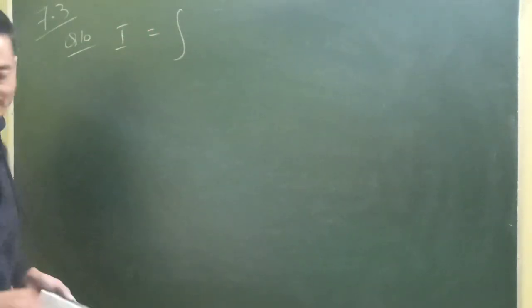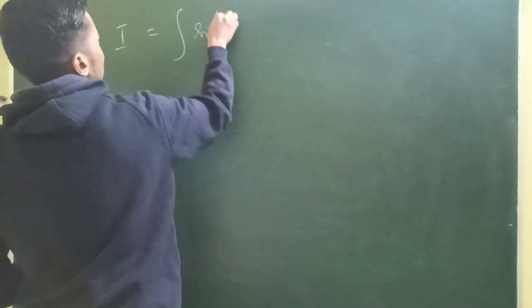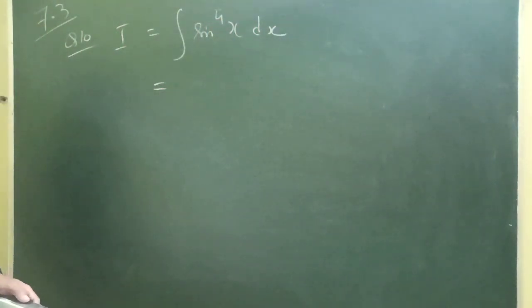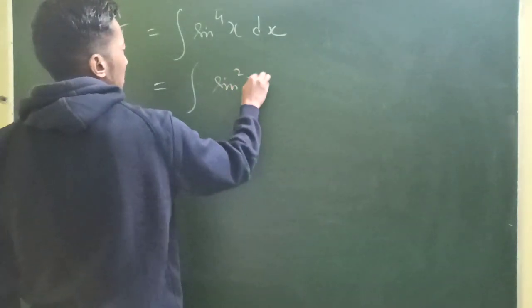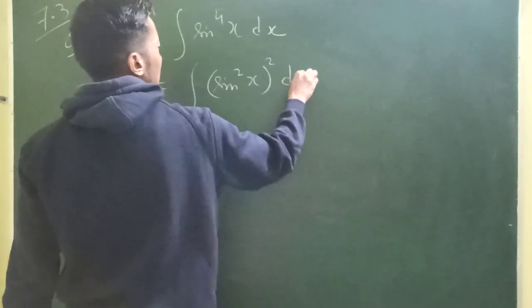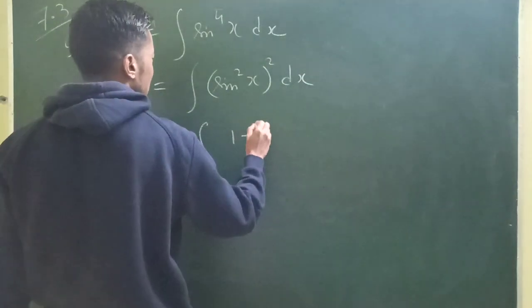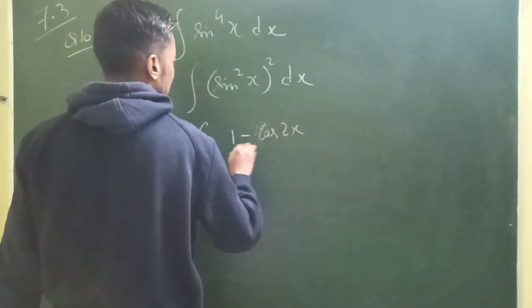It is integration of the function sine power 4 x with respect to x. Sine power 4 x. What can be done here also? Sine power 4 x. That's fine, I guess. Sine square x squared. Now, sine square x, as we have seen, is 1 minus cos 2x divided by 2.